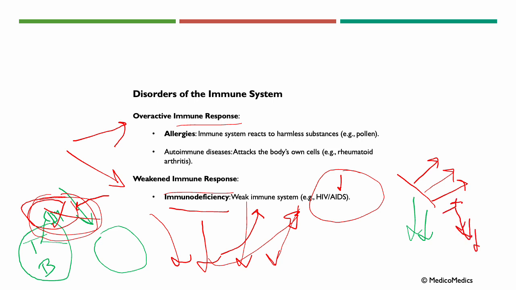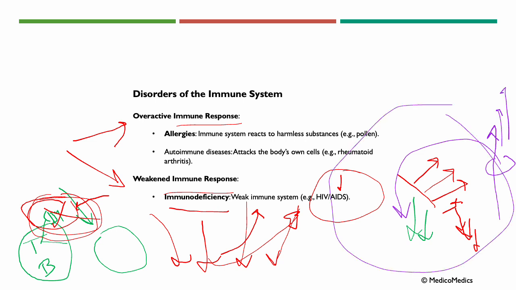And as it goes down, the amount of opportunistic pathogens, so pathogens that could actually then cause damage, increase. And this becomes overwhelming and could eventually even lead to death.